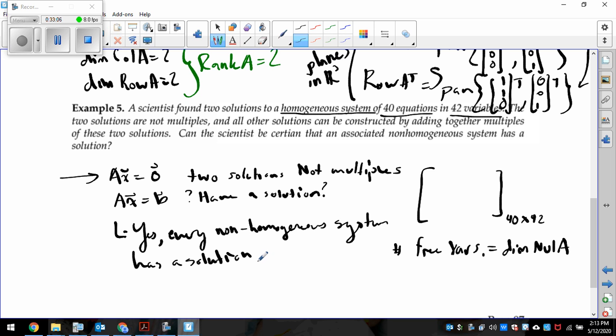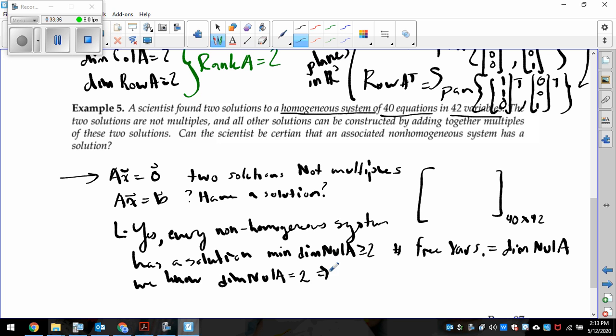And if you wanted to give a little bit more reasoning, you could say because the dimension of the null space is going to be greater than or equal to 2, and we know the dimension of the null space, because they gave us the number of vectors that span the null space, is 2.